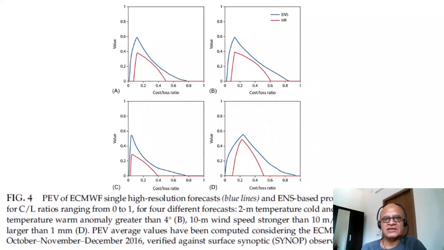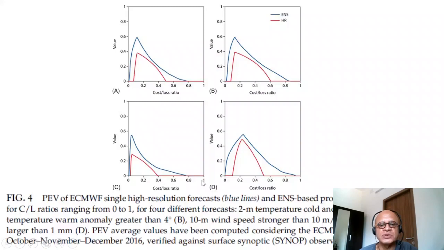Okay, so we are not going into details on that, but that gives you a sense of the potential economic value of the forecast. So here is PEV of the ECMWF single high resolution forecasts in blue lines, and we are comparing them against the ensemble based probabilistic forecasts in the red line, and the CL ratios ranging from 0 to 1.